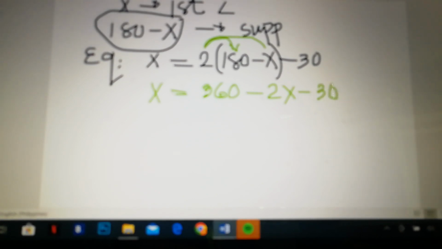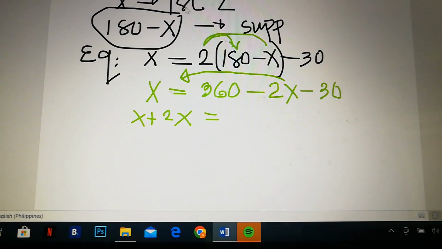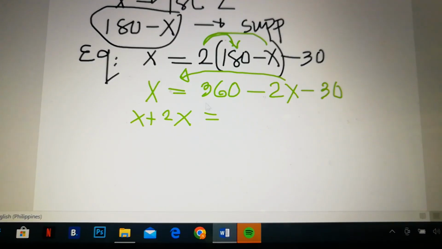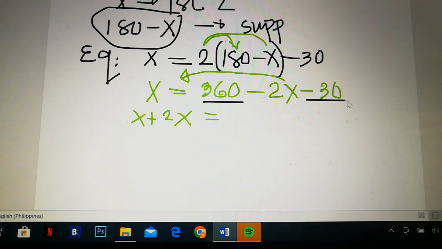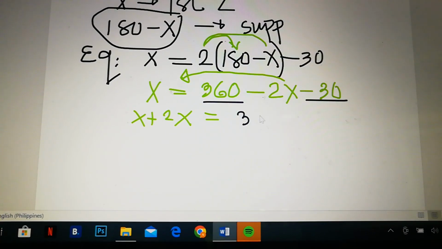If you transpose the negative 2x to the other side of the equation, it becomes x plus 2x is equal to 360 minus 30, equal to 330.